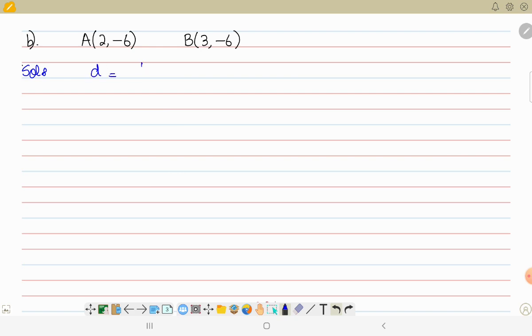So the distance formula is the square root of x2 minus x1 whole square plus y2 minus y1 whole square. Here we are having this as x1, y1 and x2, y2 is the point B. So let's apply it. Distance d is represented by small d between the 2 points A, B.